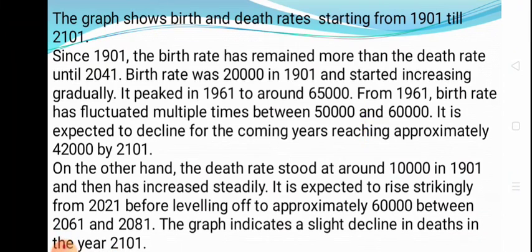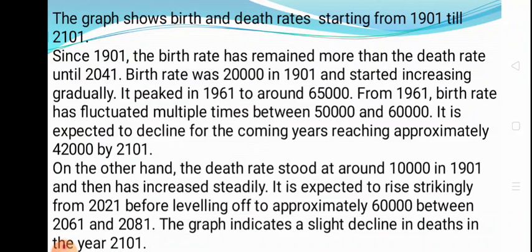This graph shows birth and death rates starting from 1901 till 2101. Since 1901, the birth rate has remained more than the death rate until 2041.